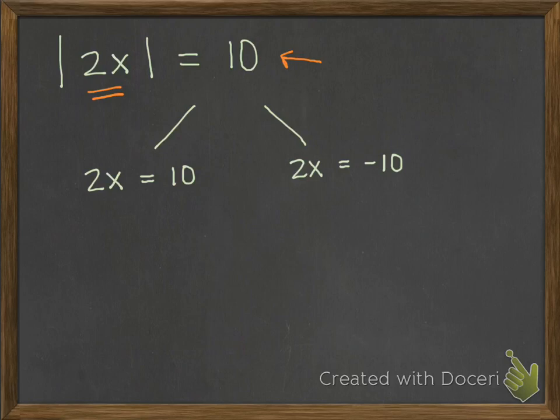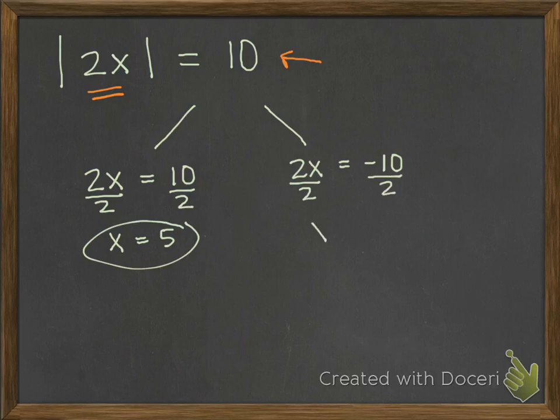Then we can go ahead and solve both of our equations. We can divide both sides by 2 to get x equals 5 for our first answer. And over here, when we divide by 2, we get x equals negative 5 as our second answer. So once again, we are only changing this second value to represent our positive and technically our negative distance, which, distance can't be negative, so we always refer to it as positive.